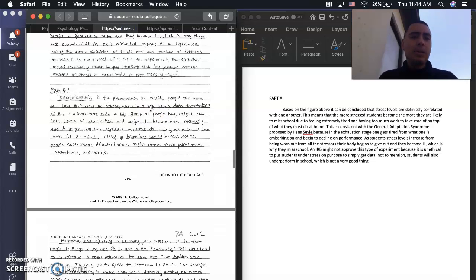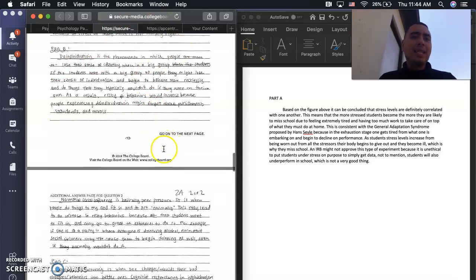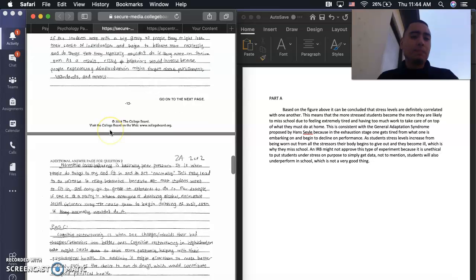Awesome. So now it says part B. De-individuation is the phenomenon in which people lose their sense of identity when in a big group. If the students were with a big group of people, they might lose their sense of individualism and begin to behave more recklessly and do things that they typically wouldn't do if they were on their own. As a result, risky behaviors would increase because experiencing de-individuation might put aside those standards and morals.